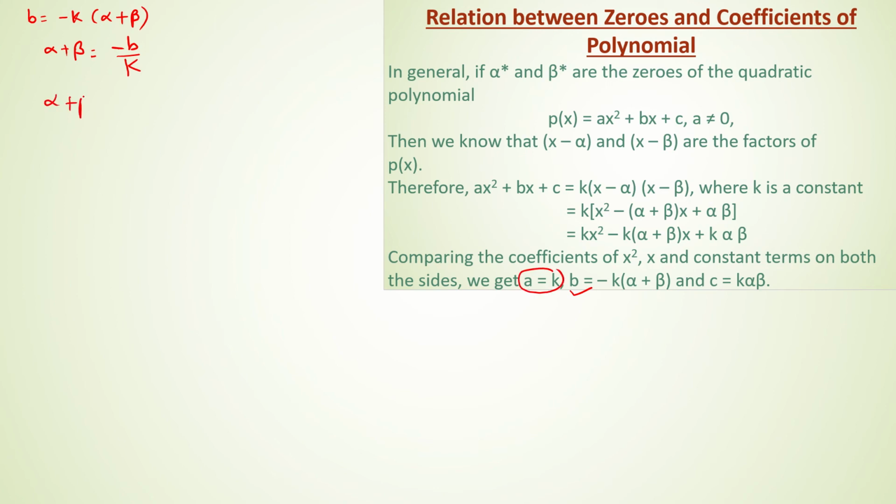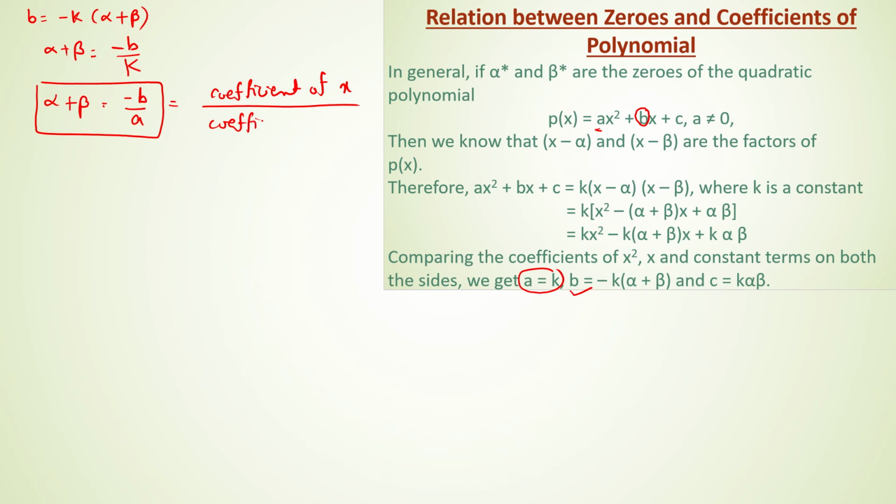So I can write alpha plus beta equals minus b upon a, and see carefully that b is the coefficient of x and a is the coefficient of x square, and the minus sign is already present.